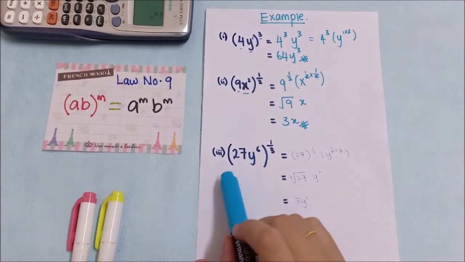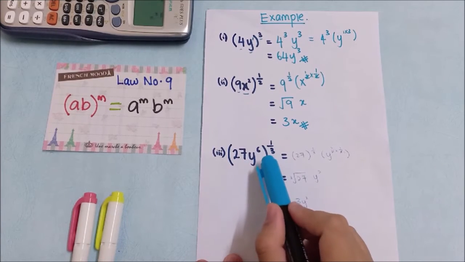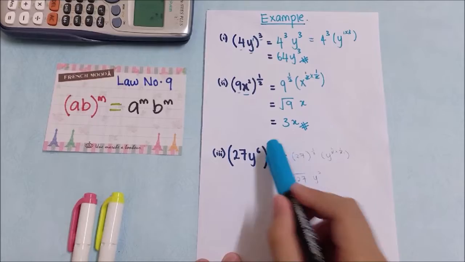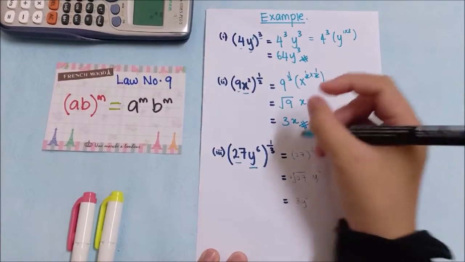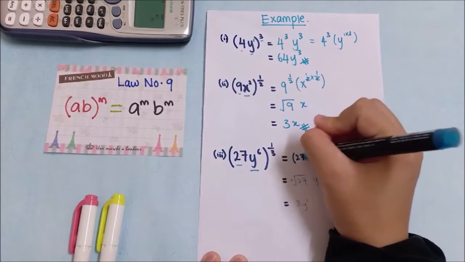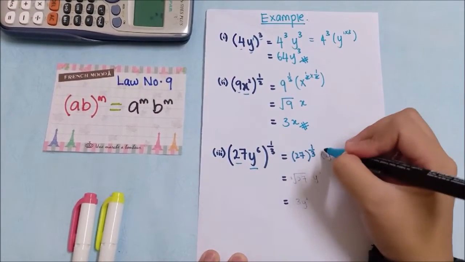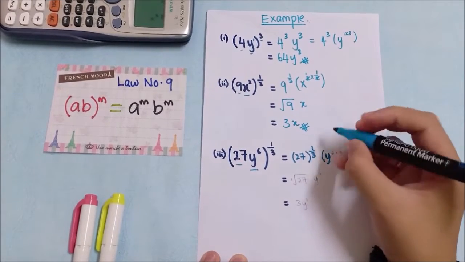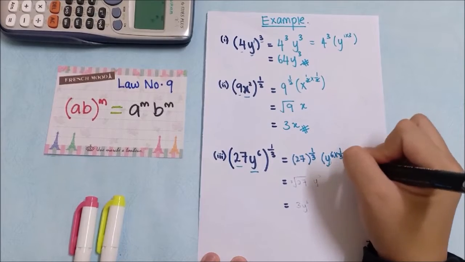So the third one is (27y^6) in bracket to the power of 1 over 3. So we have two terms also here. The first term is 27 to the power of 1 over 3, and the second term is y to the power of 6 times 1 over 3.